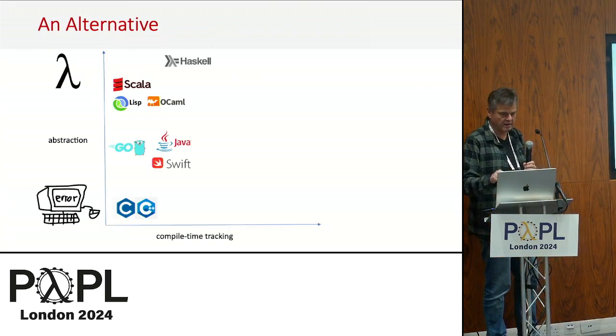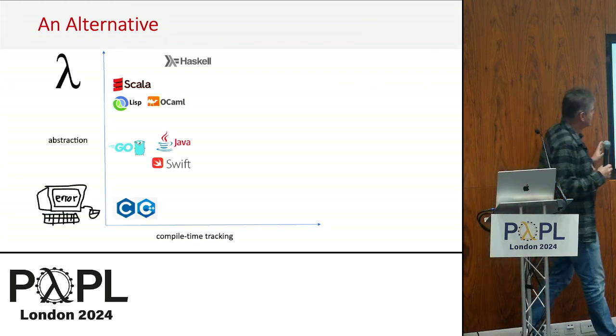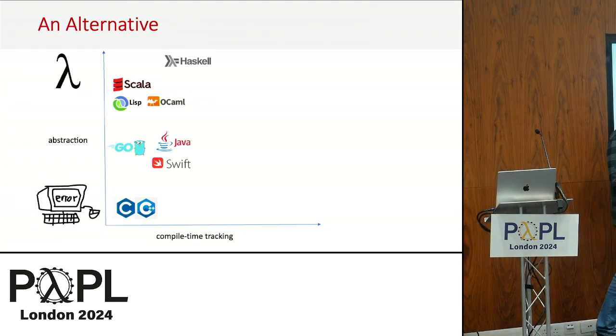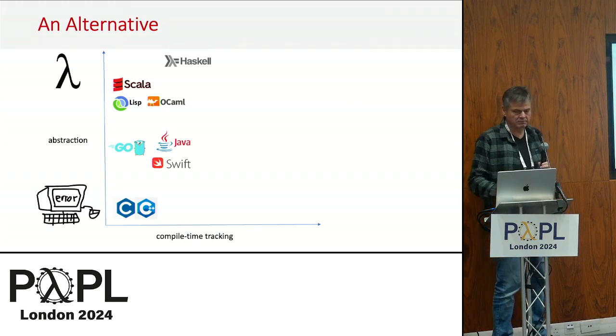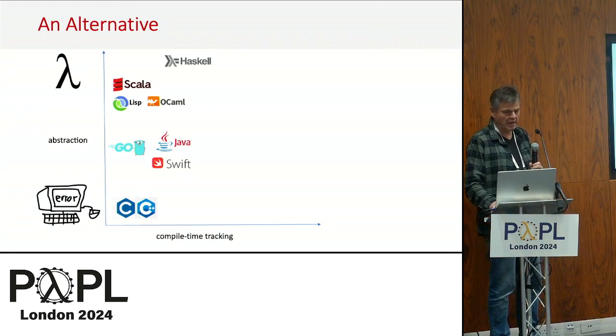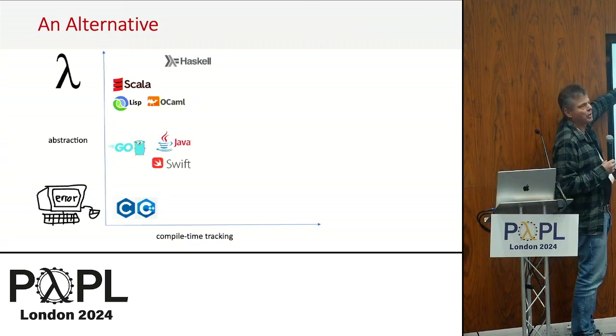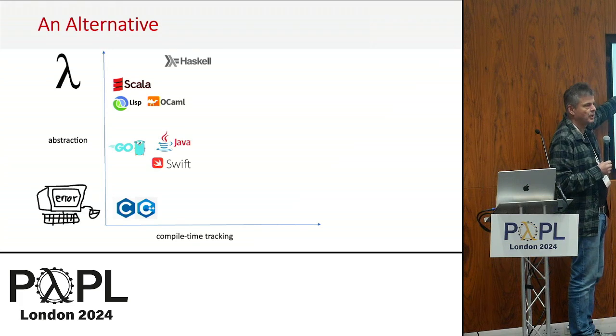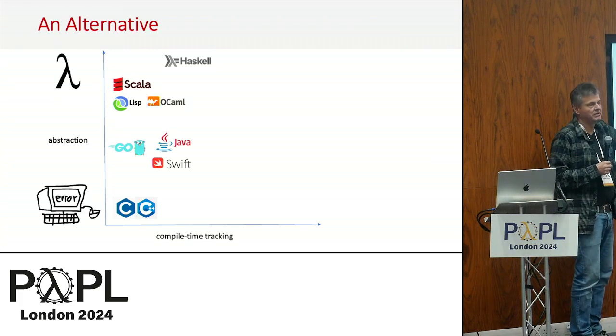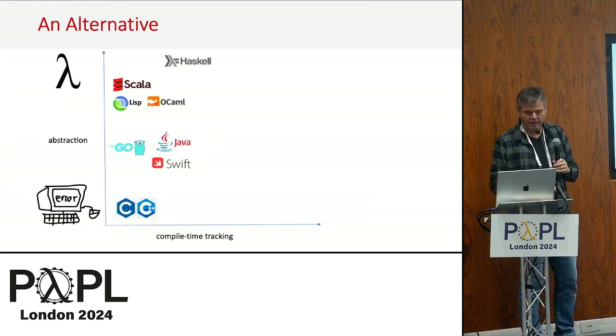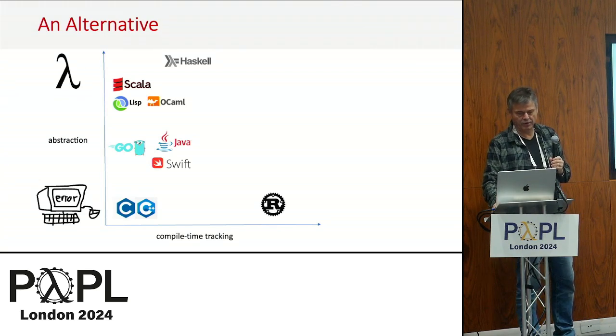But there's another dimension, and that's to what degree do I track effects and capabilities? And there, I think the answer is, with our current languages, not so much. The functional languages just say we want to have no effects or as few effects as possible or all effects in a monad, whereas down here the languages typically say, well, effects are just a way of life, we don't track them.